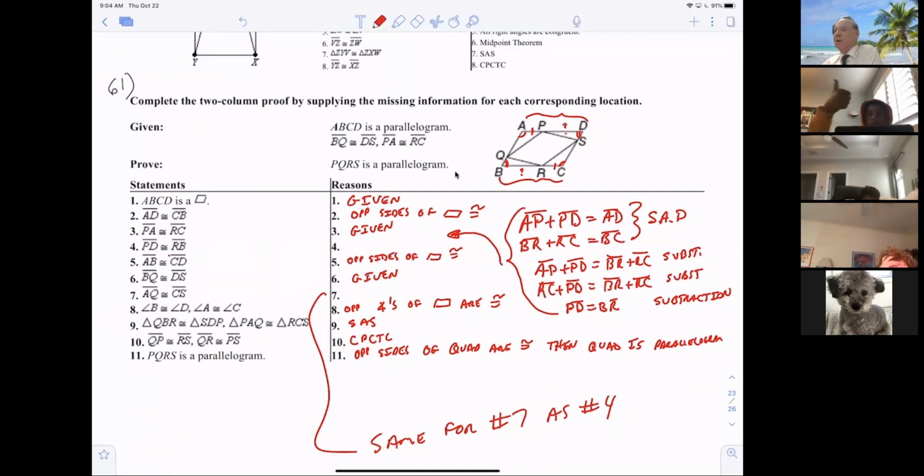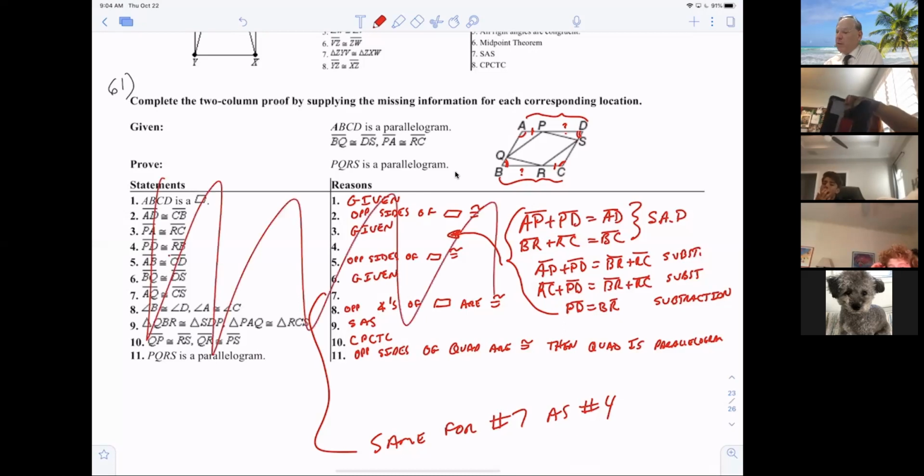Agreed? Yeah, I feel that way too. I want to just write the proof myself, because I didn't follow their logic when they did this. So what I want to do is disregard this information right now, and let's just look at it and see if we can talk our way through it.